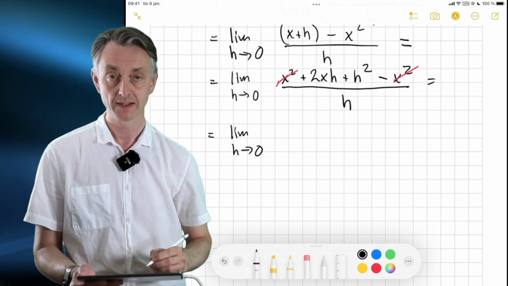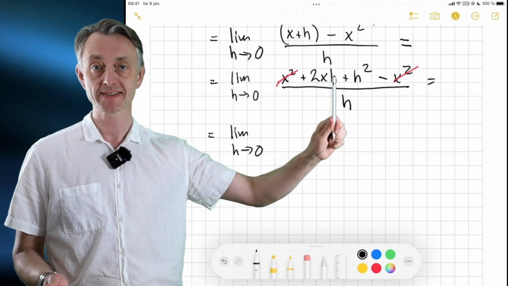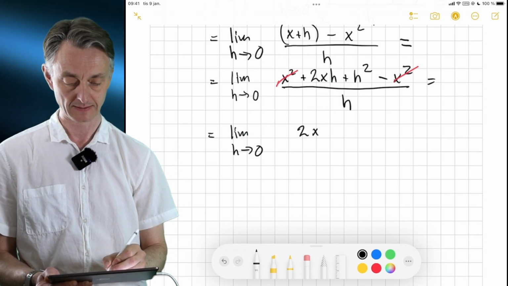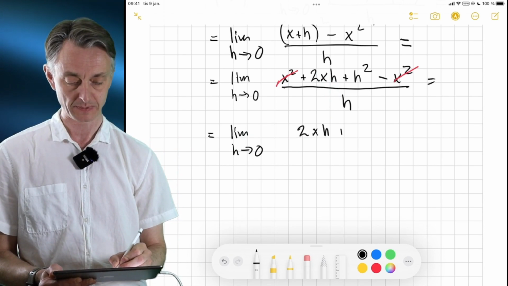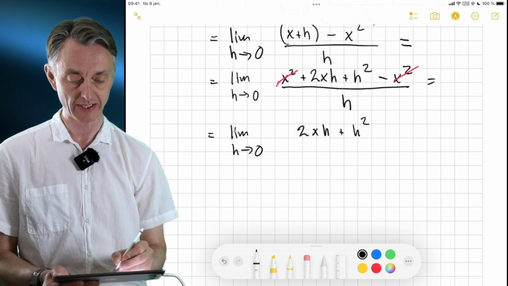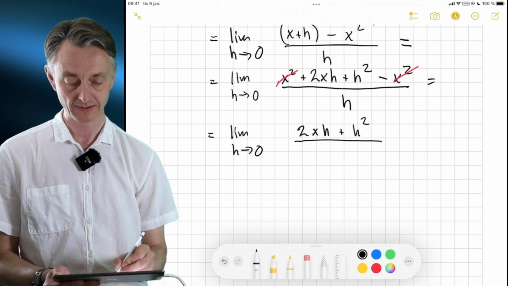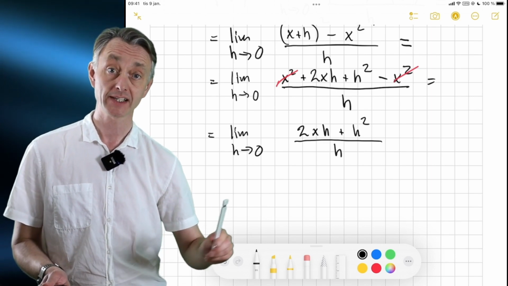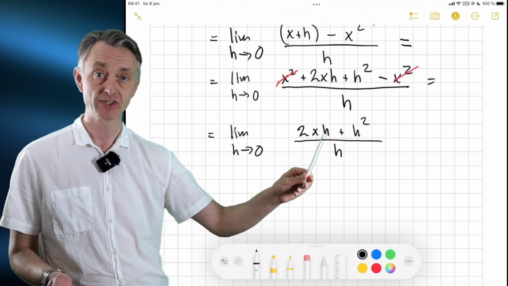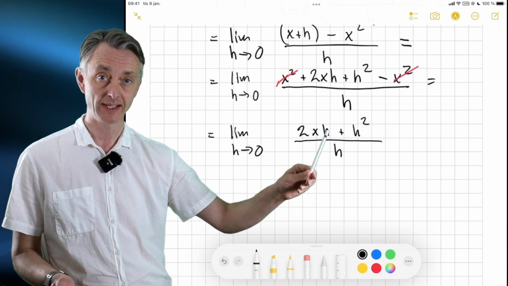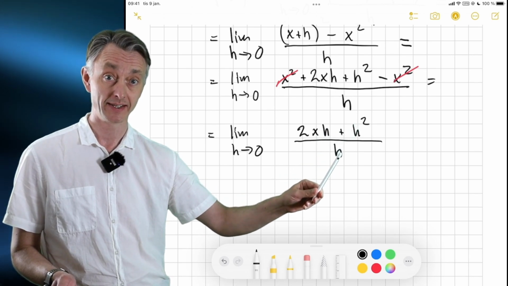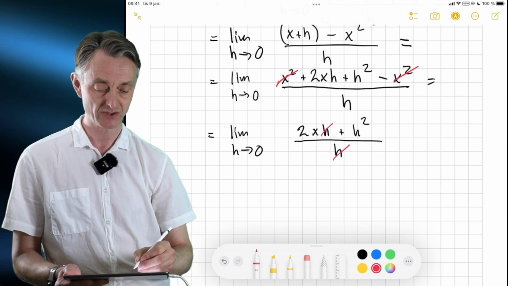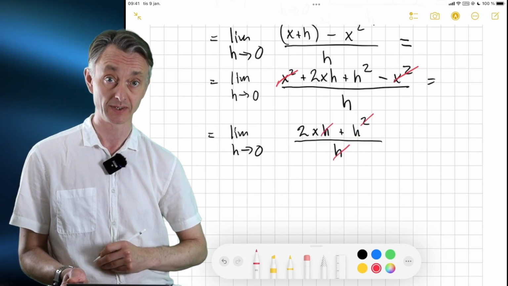Okay. So then we are left with 2xh plus h squared, divided by h. And here we can see that the h here and the h here cancel out. So this goes away, and the square term goes away here.